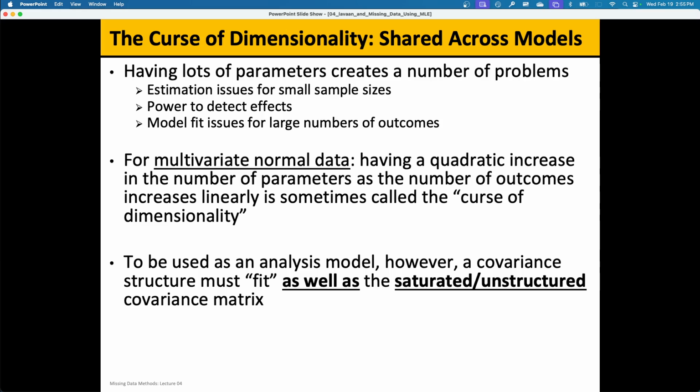And if you remember the path diagrams, all the auxiliary variables have these double-sided arrows between them, indicating all their correlations are being estimated. That's part of this problem too, right? So if you've got small sample sizes and missing data and want to use auxiliary variables, it's probably going to have a harder time estimating things. But that's where we're moving.